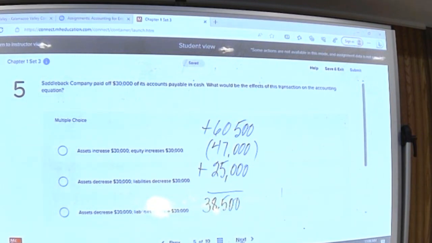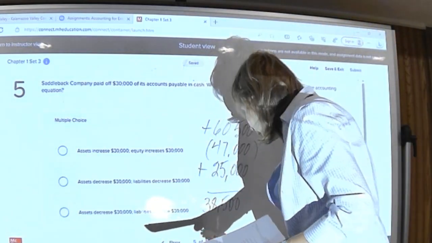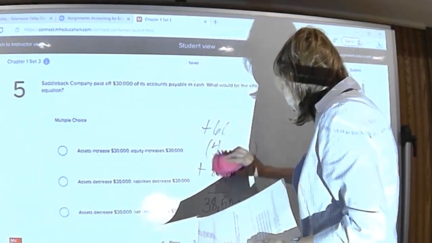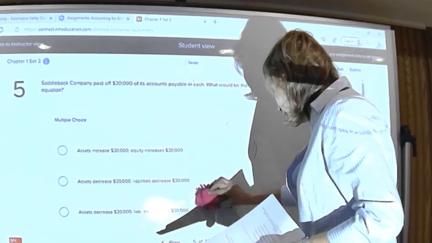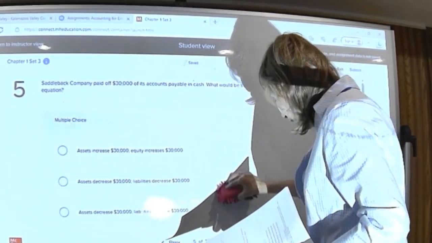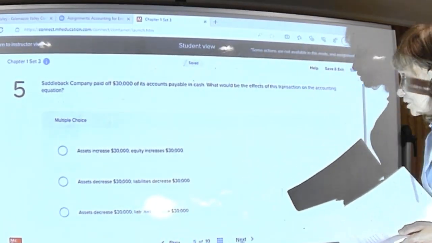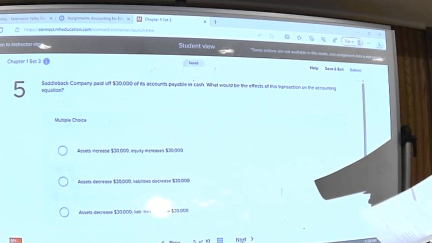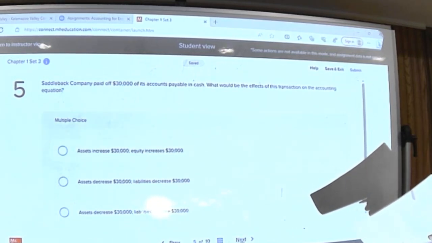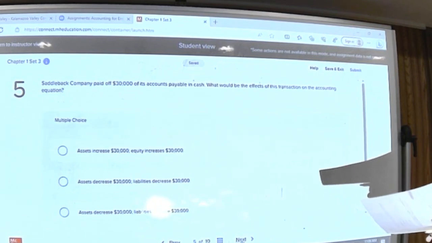This question, here we have a situation where a company, Saddleback company, actually pays off one of its liabilities. Accounts payable, remember, accounts payable is for short-term debt. Usually no more than 30-day terms.